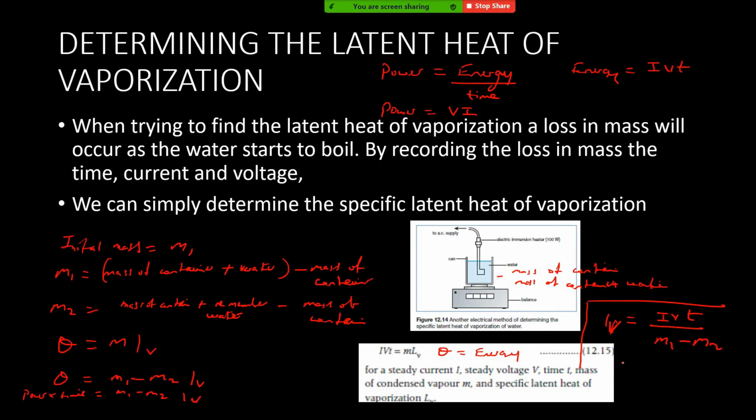Another method we could have used is obviously boiling the water and then condensing the steam back into liquid, right? And that mass of liquid that is gathered would be the change in mass. So we could use that mass to find out what the latent heat of vaporization would have been. And if you check your textbook, you'll see that method in it as well.